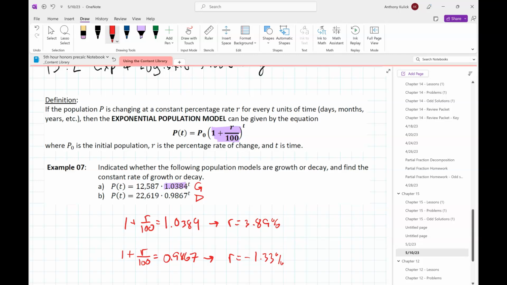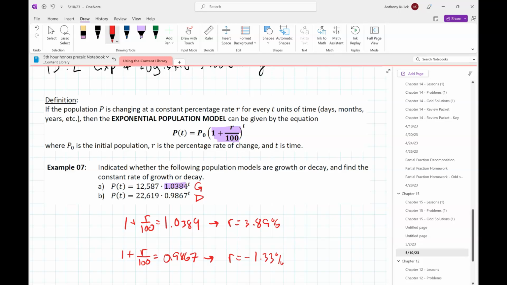So you can kind of phrase this two ways. You can say the rate of population growth is negative 1.33. Or you can say the population decays at a rate of positive 1.33.